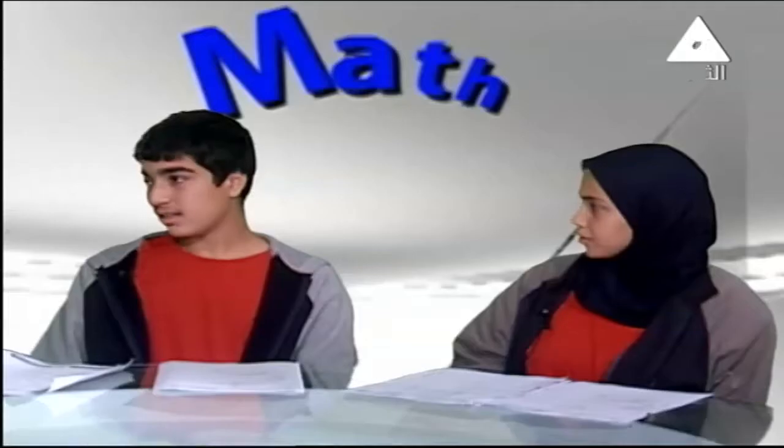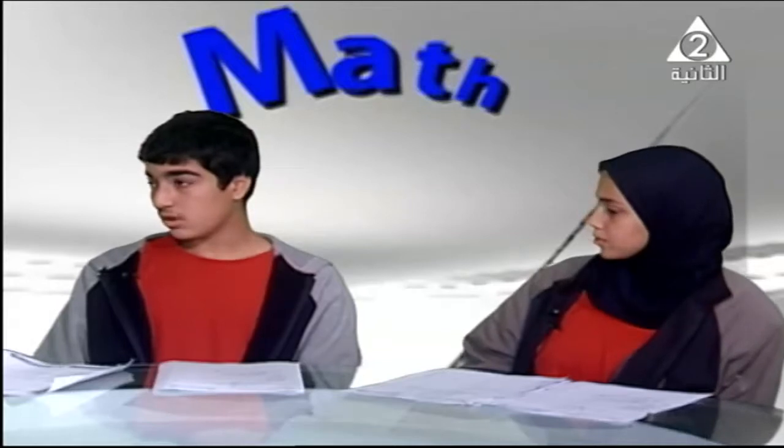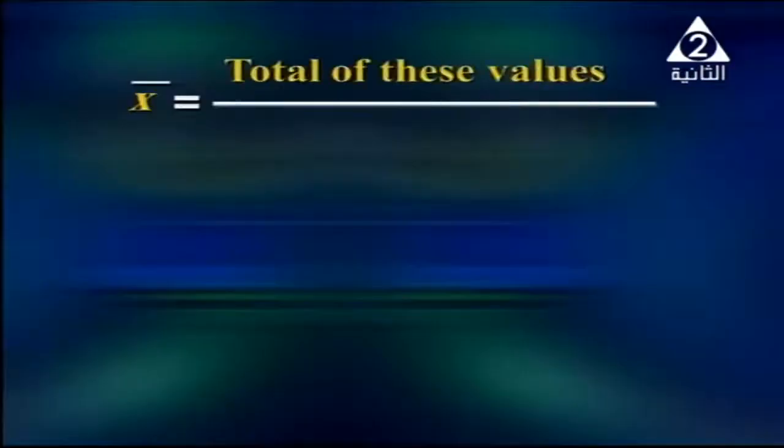The arithmetic mean equals x bar. How can I get x bar from these values? Sum of values over their number. Let's see the solution together.